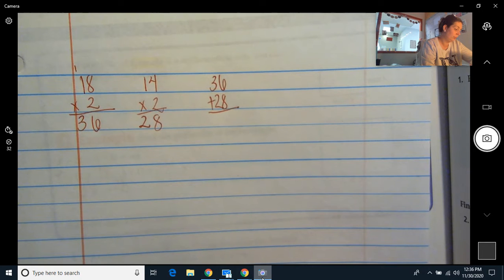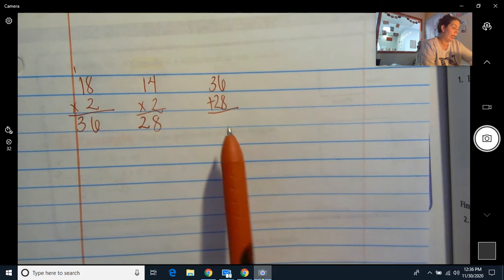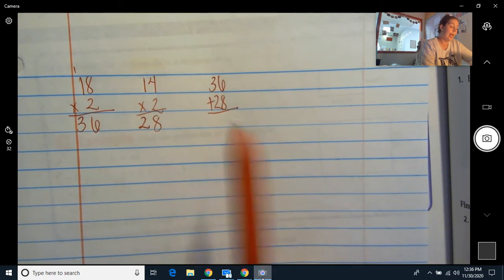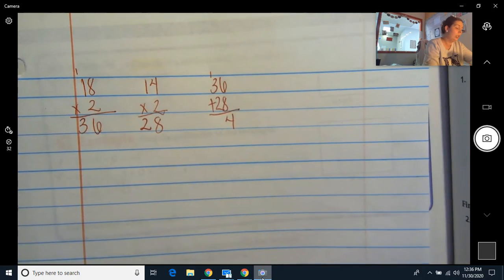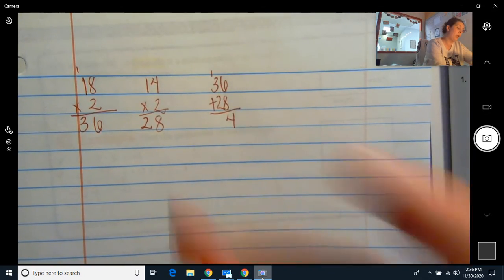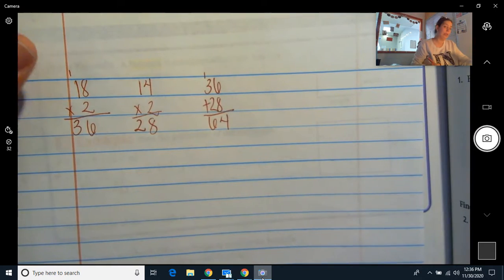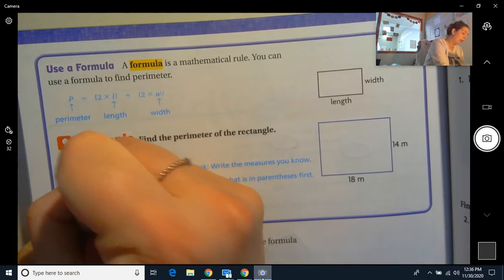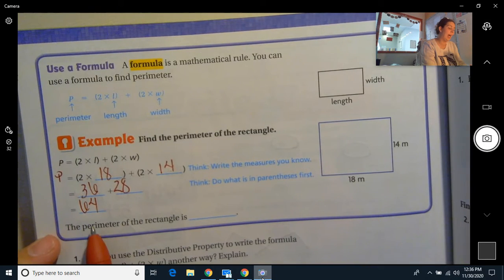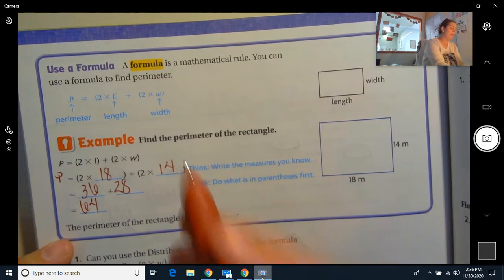I think it's 64. Okay, let's check. 6 plus 8 is 14. Write down my 4. Carry my 1. 3 plus 2 is 5. Plus 1 more is 64. So that would answer the total perimeter of my problem.